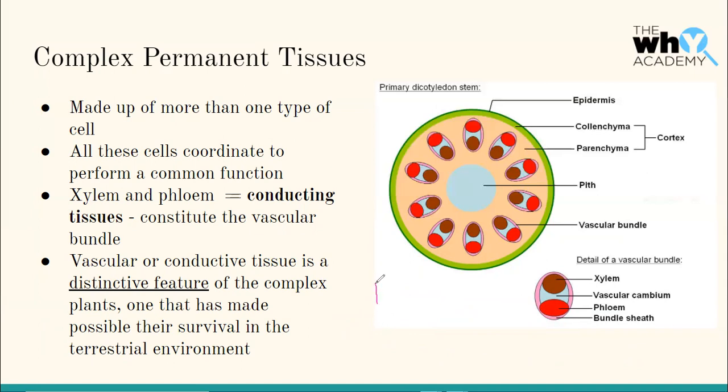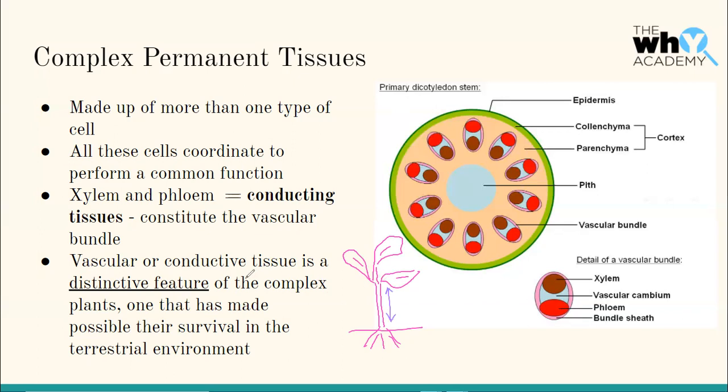So we all know that plants perform photosynthesis, right? They make their own food by photosynthesis. Plants are autotrophs. They make their own food, right? So the main job of xylem and phloem is to transport this food and water to all the other parts of the plant.